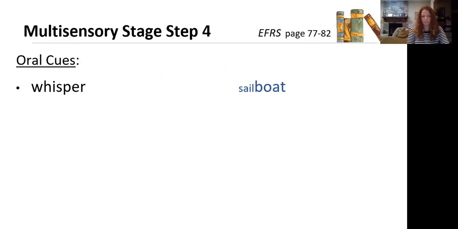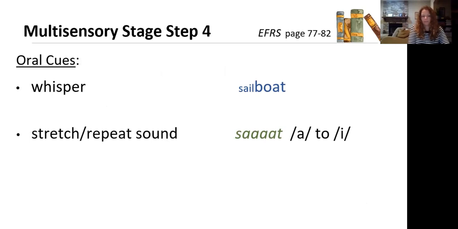Say sailboat. Now say sailboat, but don't say sail. And then the students would hear boat because boat has been said more loudly than sail. It's a way to support them, give them some clues here.